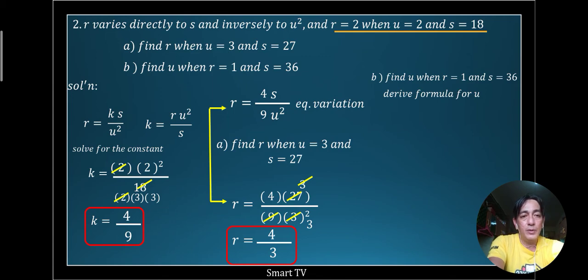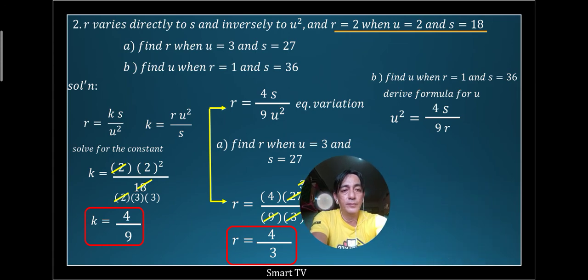So, ibaba mo yung 9R as denominator ng 4S para meron kang formula for U squared. Okay, U squared now is equal to 4S over 9R. Mamaya mo na intindihin yung squared na yan. So, substitute muna natin yung mga given.